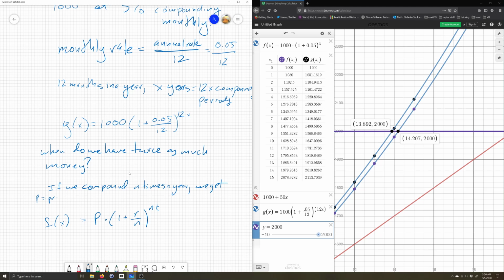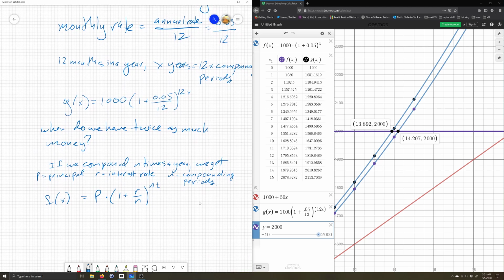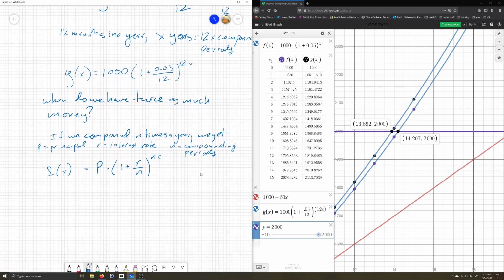P is principal, R is interest rate, and n is number of compounding periods. So you can make n whatever you want.